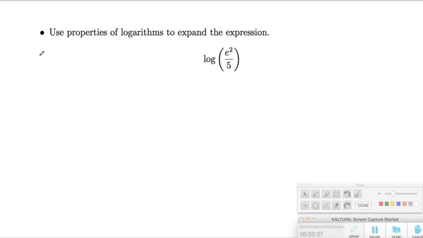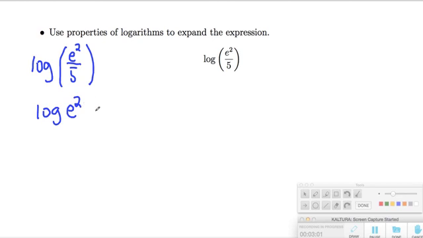So at the beginning here, we've got log of e squared over 5. Well, this is equivalent to, if you apply the quotient rule, log of e squared minus log of 5, because recall that division on the inside of the log becomes subtraction on the outside of the log.